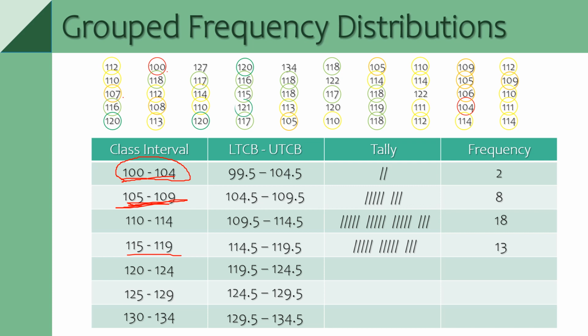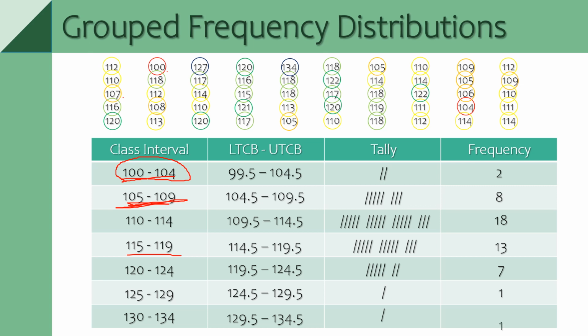We have 1, 2, 3, 4, 5, 6, 7. Okay, there are 7 temperature between 120 to 124. Next, 125 to 129. So we have only 1. And then the temperature between 130 and 134, so only 1. So ngayon, iyan na yung ating frequency distribution table.